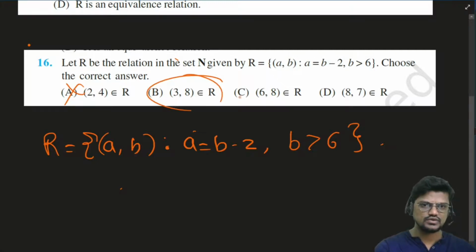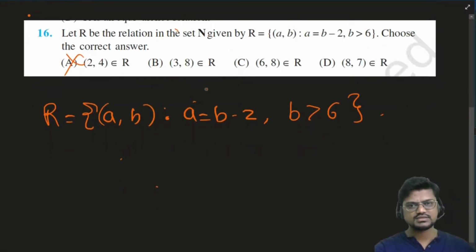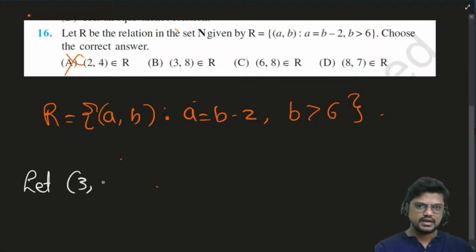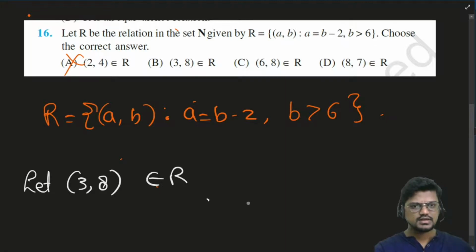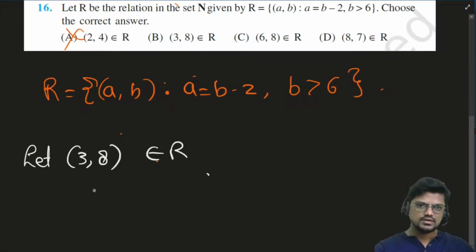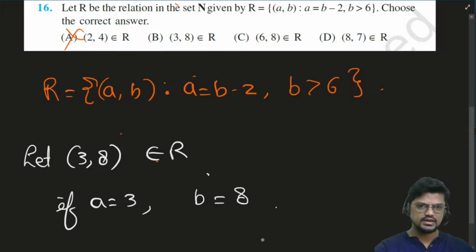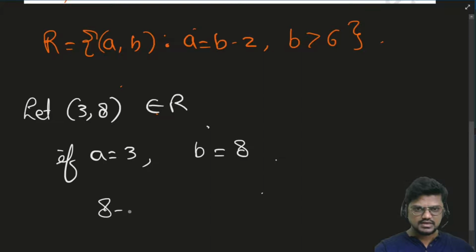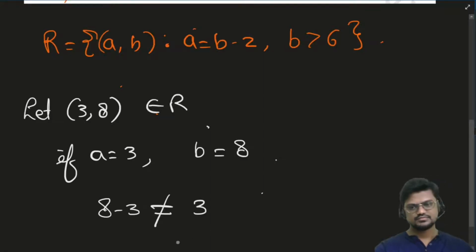Next, it should be greater than 6. So let's try for this. Let 3 comma 8 belong to the relation. Then as per the given condition, if a is equal to 3, then b is equal to 8. If a is equal to 3 and b is equal to 8, then 8 minus 2 is not equal to 3. Are you getting it?